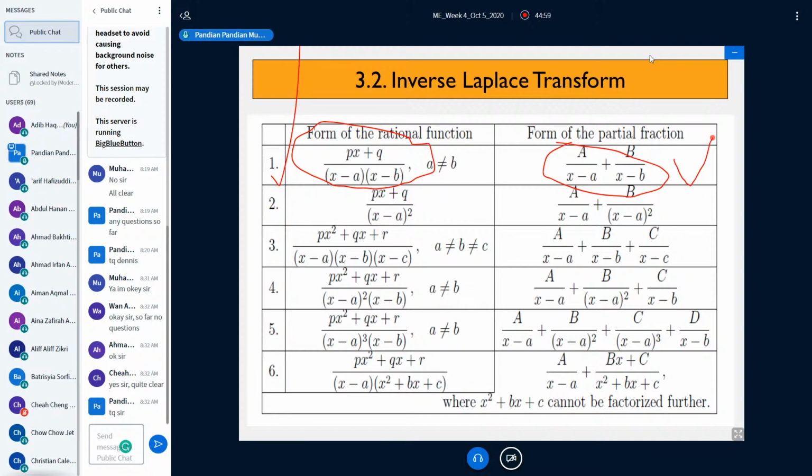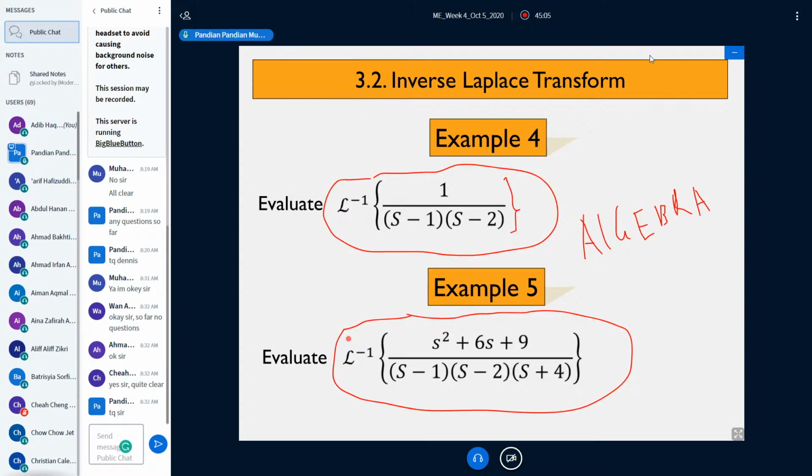So how do we do that? Write down here, first take out 1 over (s minus 1) multiplied by (s minus 2), equals a over s minus 1 plus b over s minus 2.